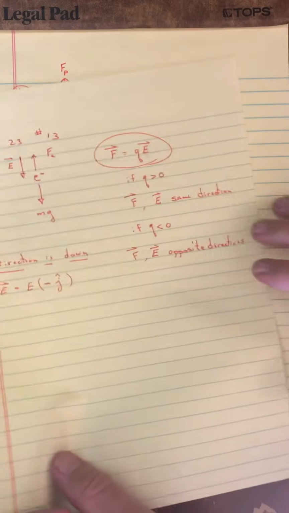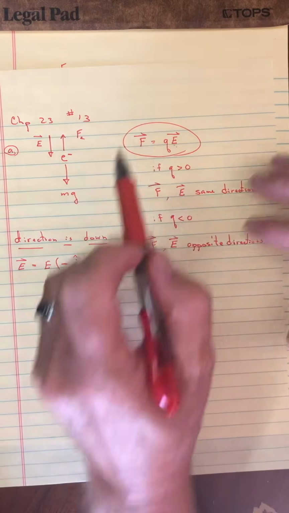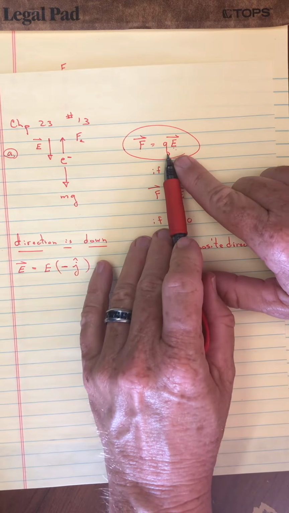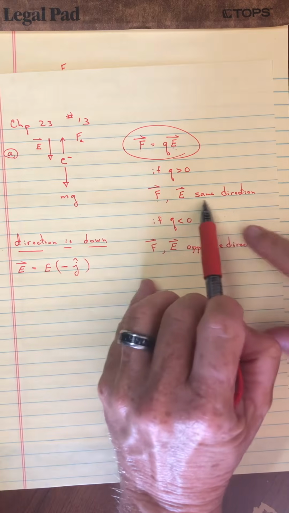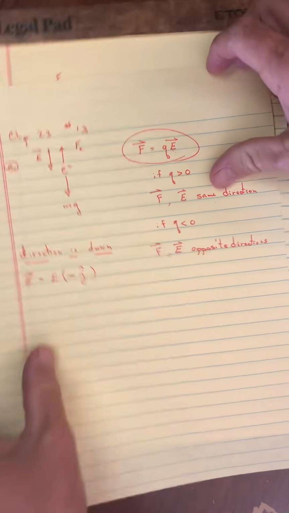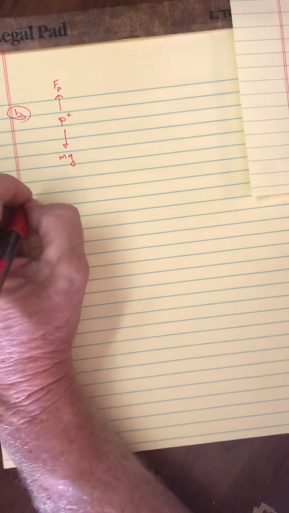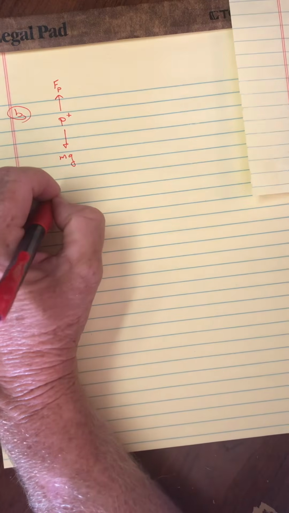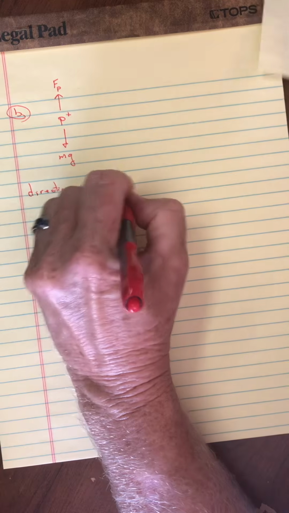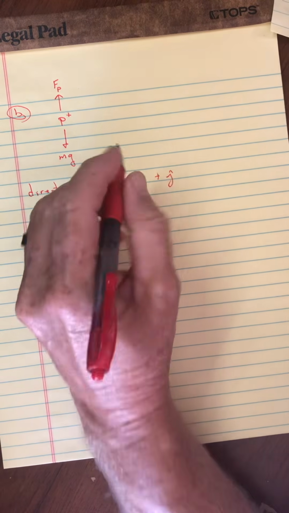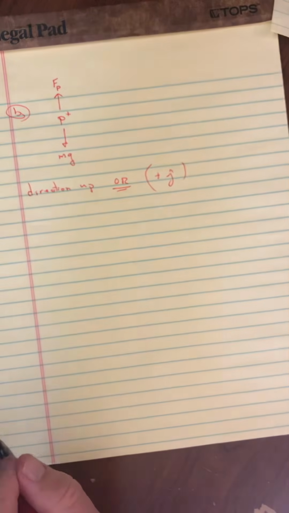Again, using the same logic, if we're talking about a positive charge for the proton, the direction of the force and the electric field are in the same direction. So in this case, the direction is up. Or if you like, it is in the plus j hat direction. All right, so there's the easier of the two parts.